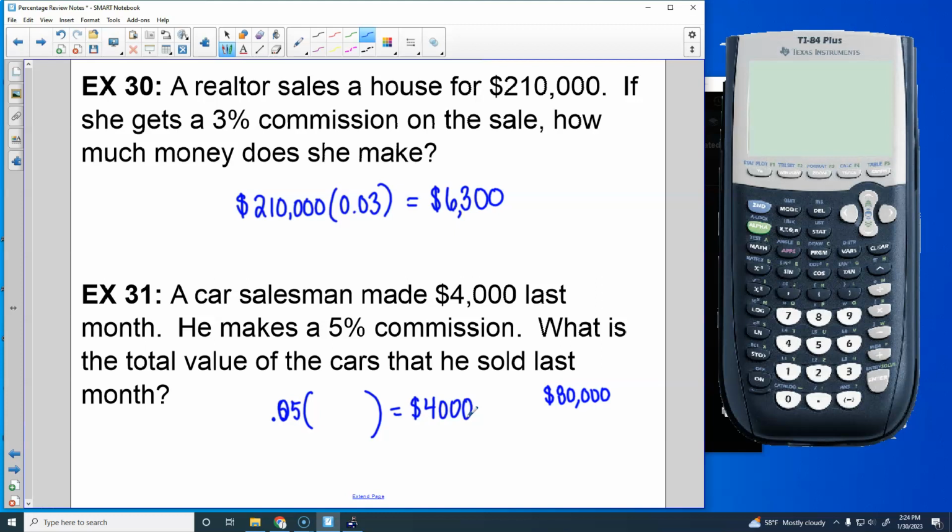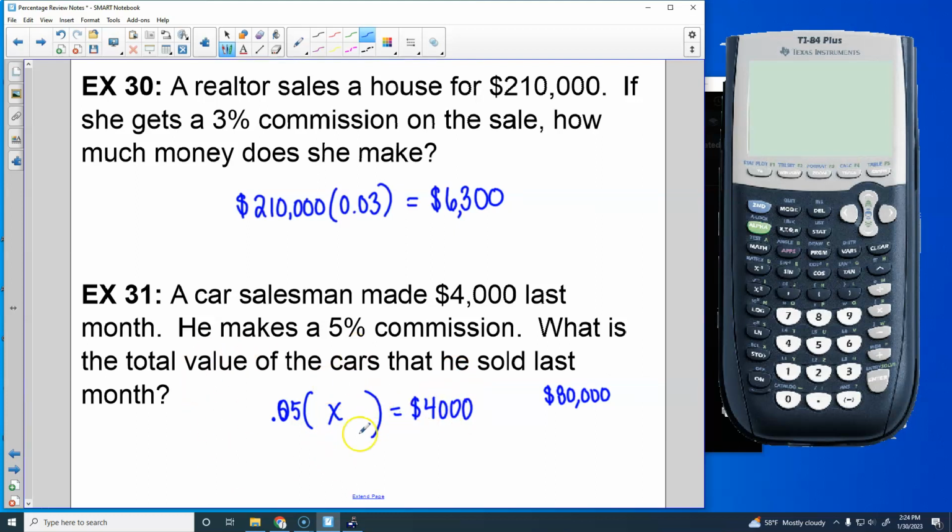Okay, let's talk about how we could go straight to that. So that checking part, you knew it had to be 0.05 times whatever the answer was equals 4,000. What do we use in algebra to represent that whatever it was? We put an X right here, right? So we got 0.05X equals 4,000.